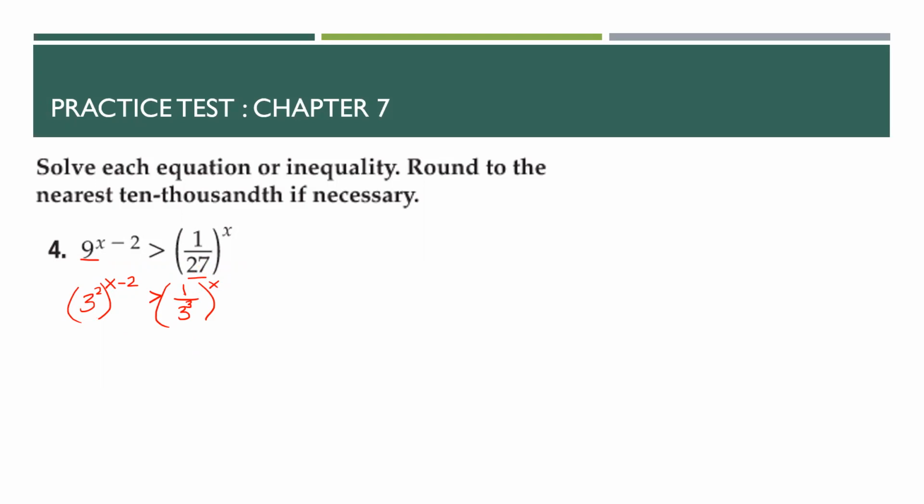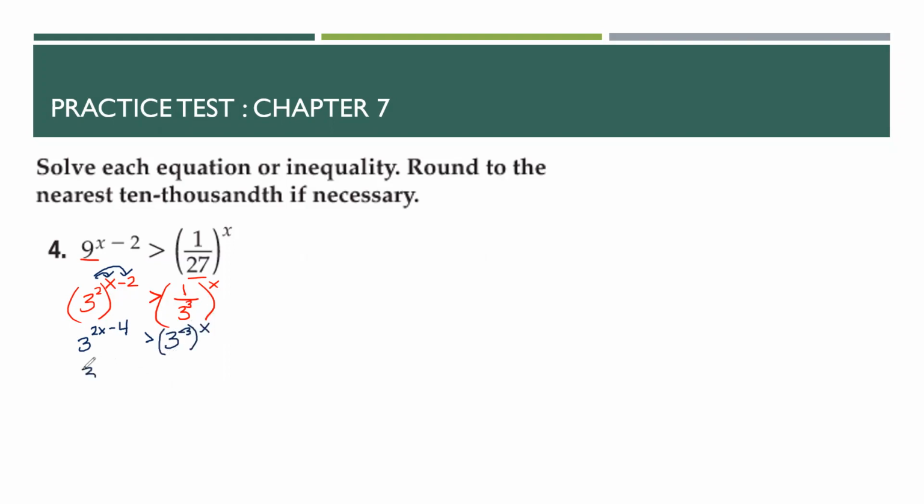So then I would apply the distributive property here. Then when I'm raising a power to a power, I multiply the exponent. So that becomes 3 to the power of 2x minus 4. And when I have a fraction here, remember that is a negative exponent. So that's 3 to the power of negative 3. And it's still being raised to the power of x.